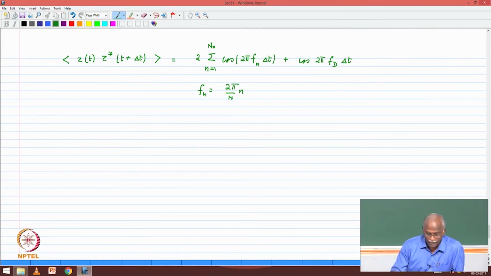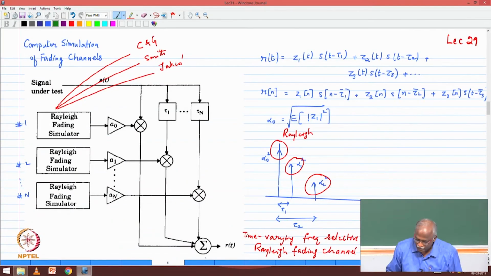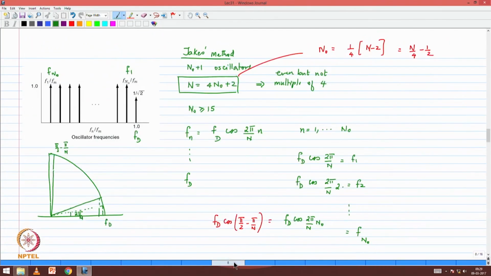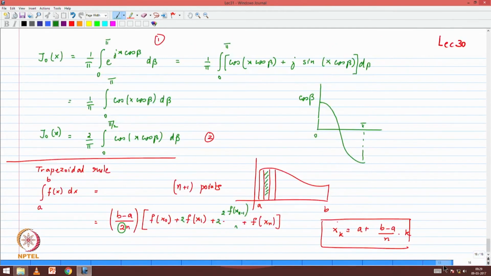Let me make sure that's the correct expression. Are the expressions for the oscillators correct? Yes, 2 pi by n into n.